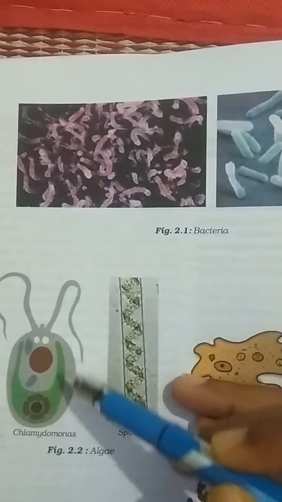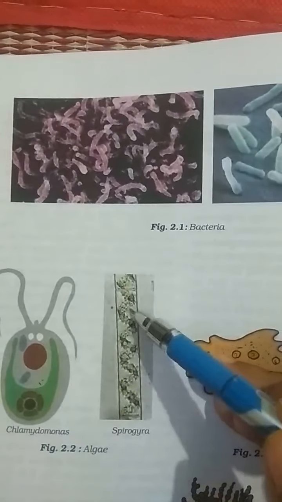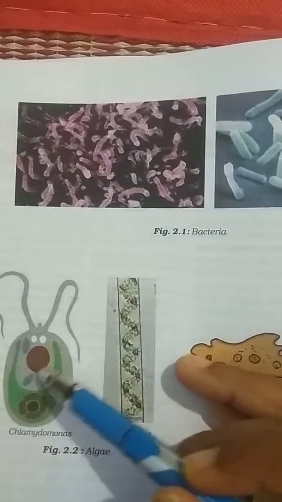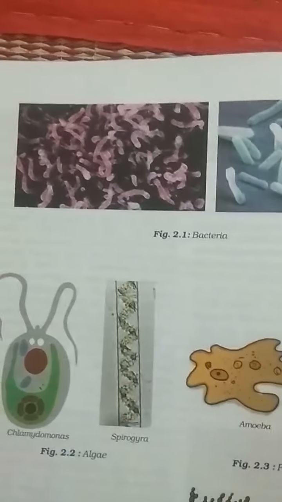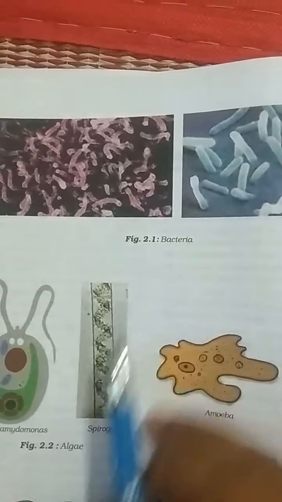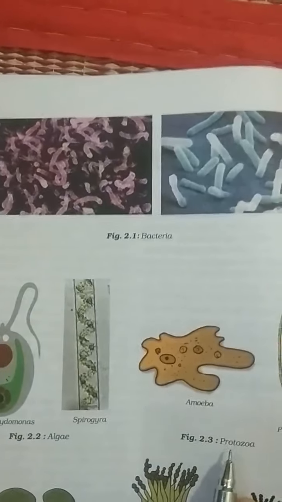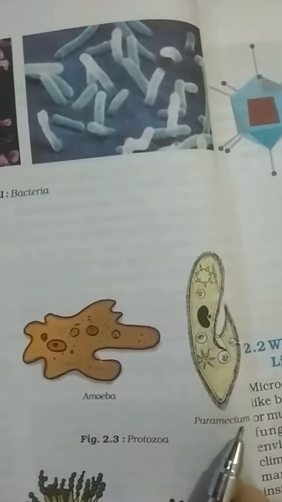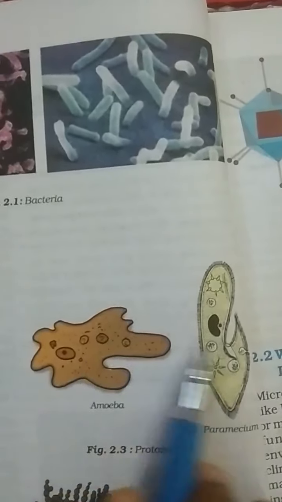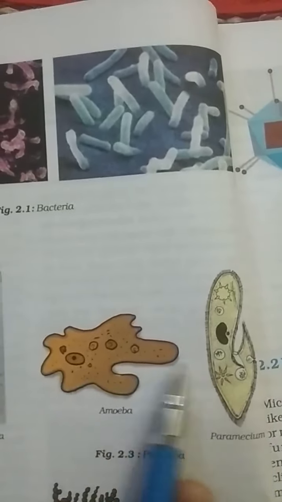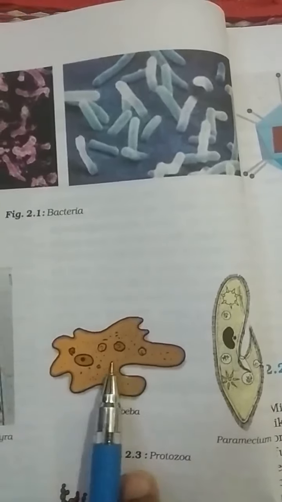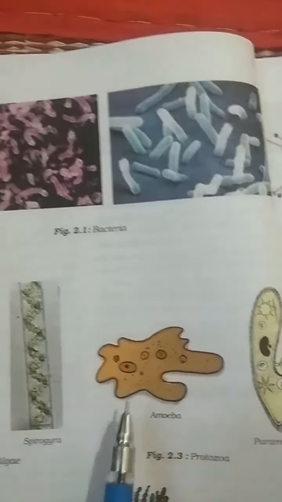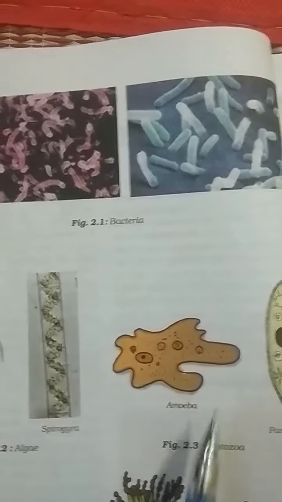Algae. We have classified them into 4 groups: bacteria, algae, fungi, protozoa. Amoeba and paramecium are single-celled organisms. These are examples of protozoa.